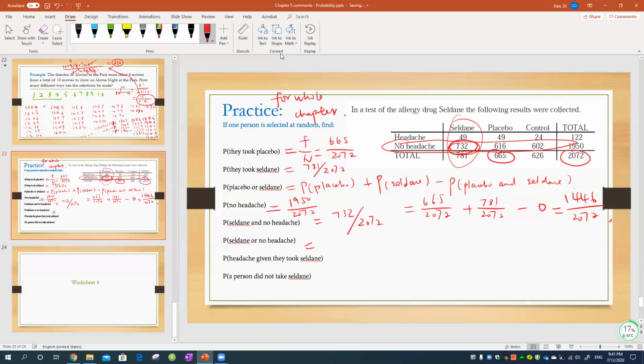Or no headache. So Seldane or no headache, again same rule, the addition rule. Probability of Seldane plus probability of no headache minus probability of Seldane and no headache.